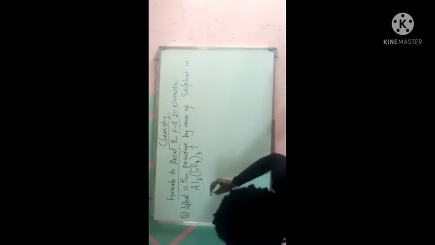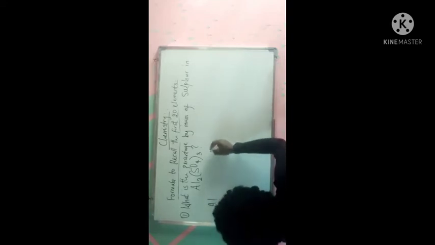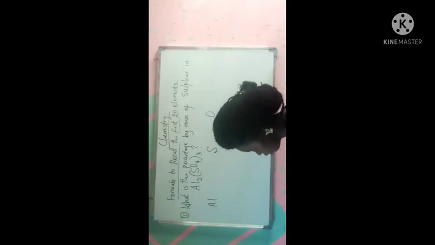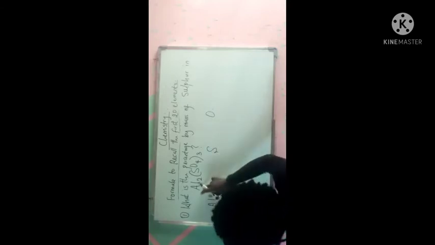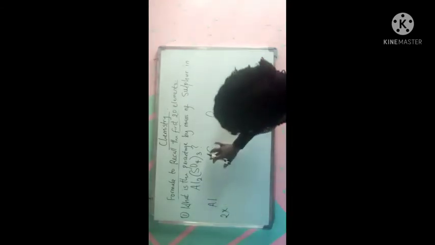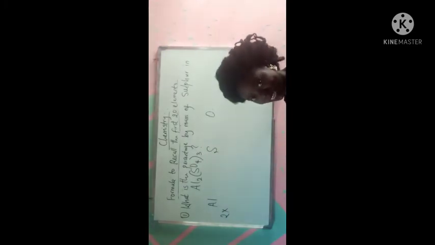So first thing first, we have aluminum in this compound, we have sulfur, and we have oxygen. But then you come back and look at the formula you are given again. You see that there are 2 molecules of aluminum here, so whatever I'm going to do to aluminum is going to be times 2. And then for sulfur, mathematical knowledge is required here also.